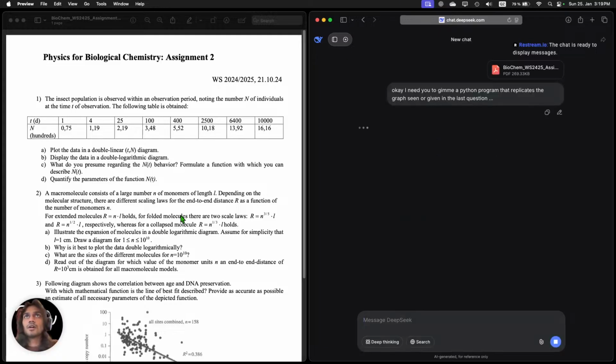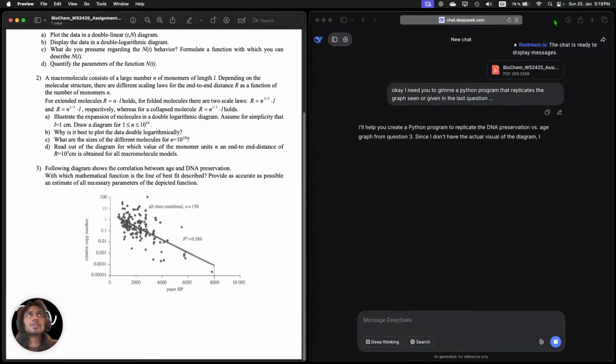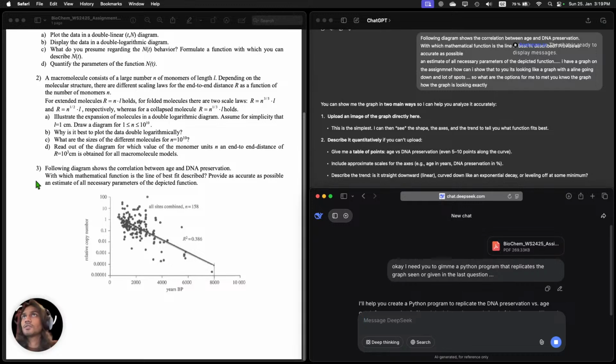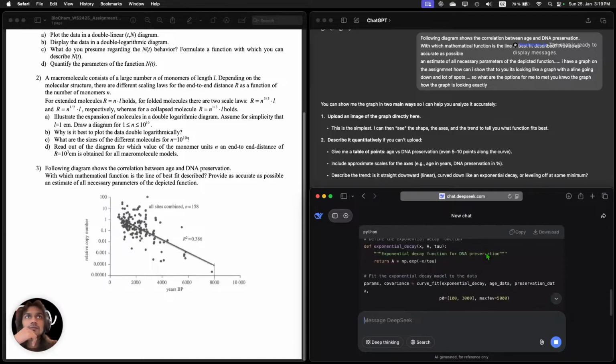But wait, let me first read the question. The diagram shows a correlation between age and DNA preservation. Which mathematical function is the line of best fit described by? Provide as accurate as possible an estimate of all necessary parameters of the depicted function.